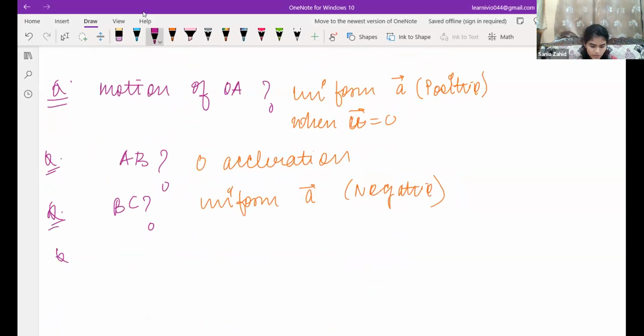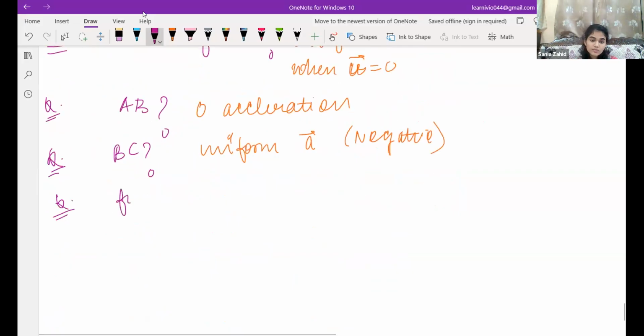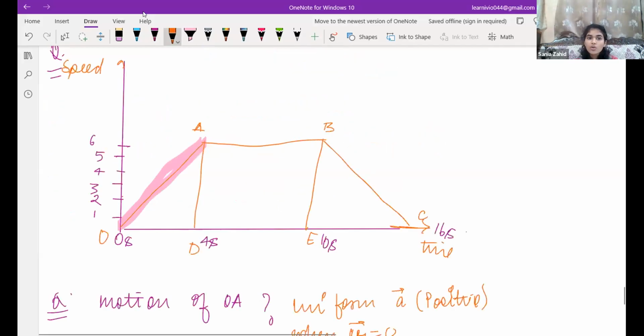Okay. Then question 3 is, find out the acceleration of the body. One by one we will find the acceleration. So we will first find the acceleration of OA. For OA, we know the formula for acceleration is the y-axis divided by the x-axis.